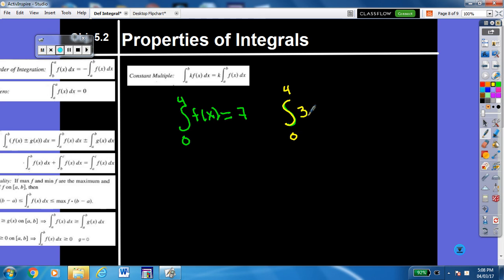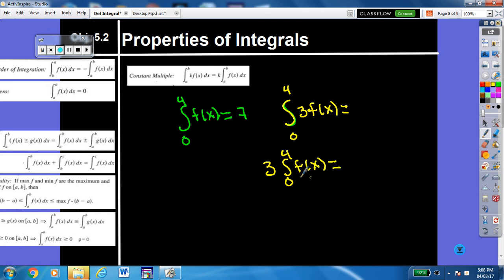of 3f of x. Well, the only thing that differs here is that you are multiplying that function by a constant 3. Because it's a constant, you can really think about it as taking the 3 outside of the integral, and you're left with exactly what was given, which is the integral from 0 to 4 of f of x.